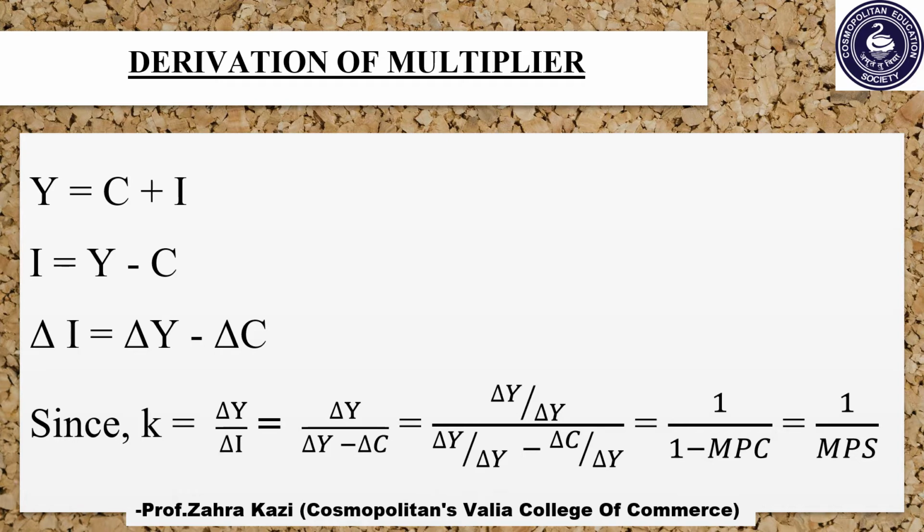Now let's understand the derivation of multiplier. Since we already know income is the total of consumption expenditure plus investment expenditure, if we want to know the investment expenditure, we only have to deduct consumption from income.